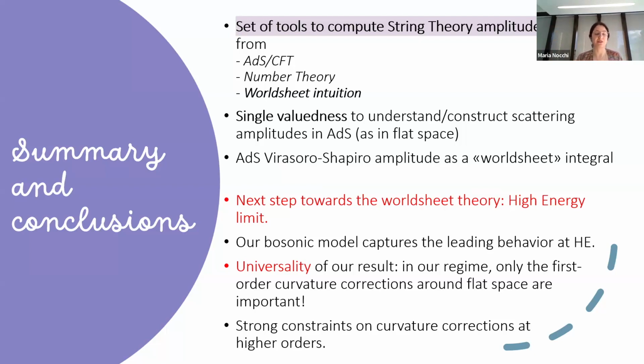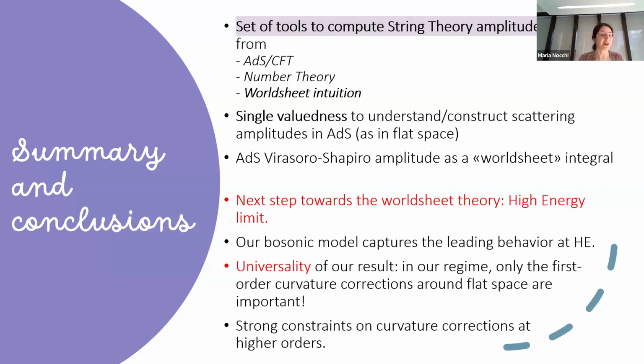Again, single-valuedness was very important to understand and construct explicitly the scattering amplitudes in AdS, as in flat space. That allowed us to write down the AdS Virasoro-Shapiro amplitude in terms of a worldsheet integral. And now a lot can be done in terms of the various regimes, and we can try to learn about the worldsheet action for these amplitudes.